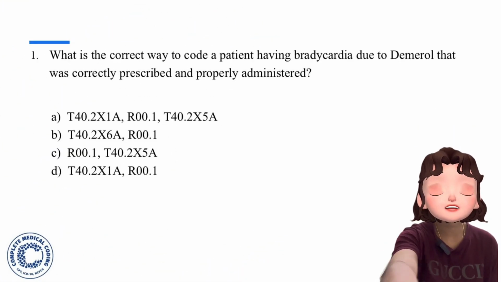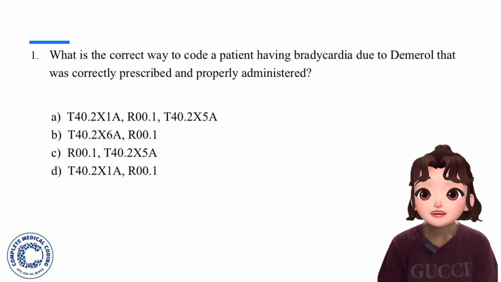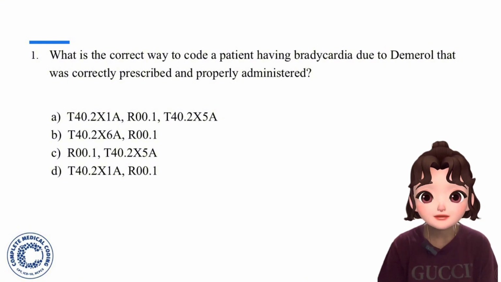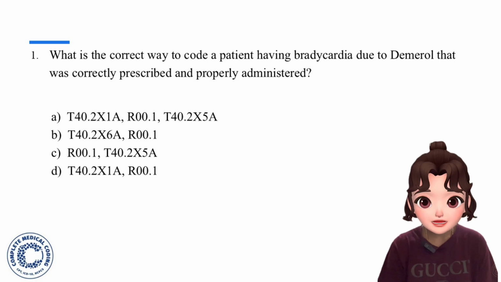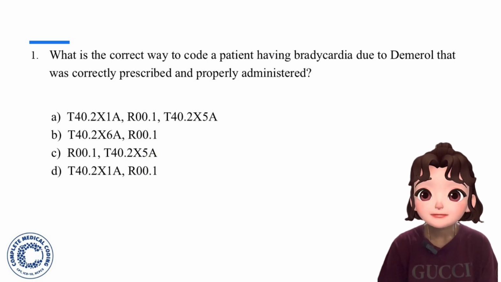Moving to the first question. What is the correct way to code a patient having bradycardia due to demerol that was correctly prescribed and properly administered? So you have to code here.